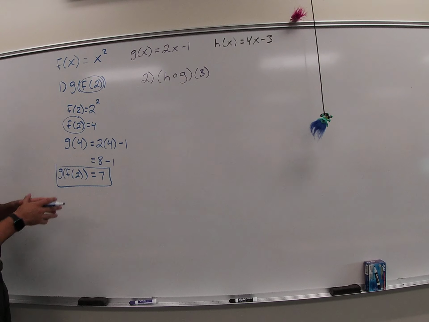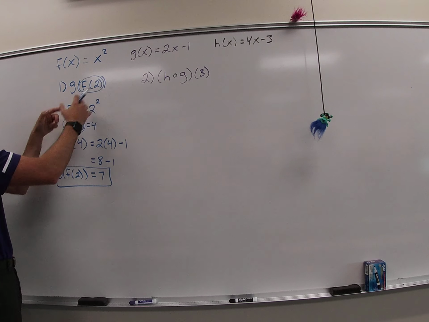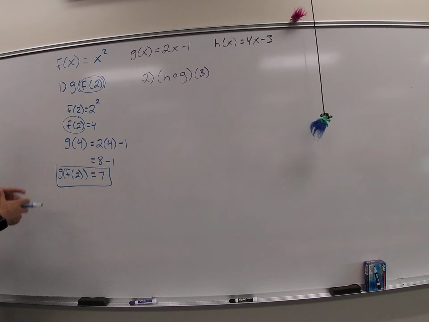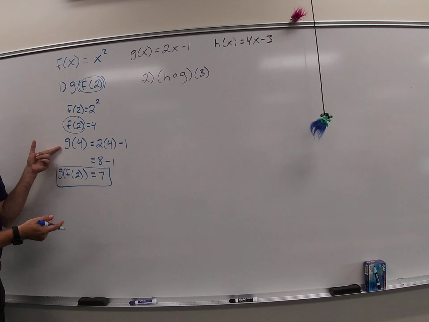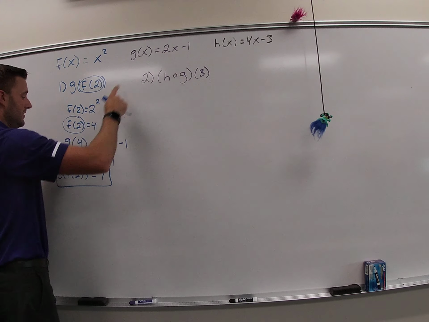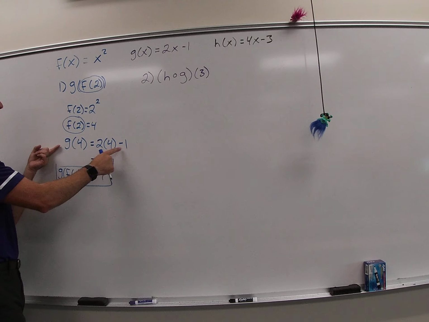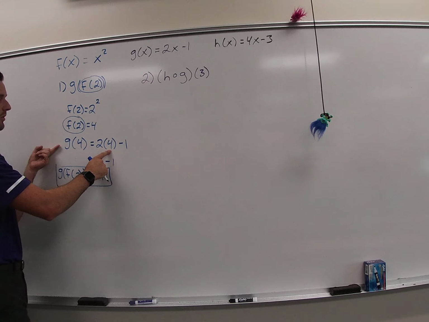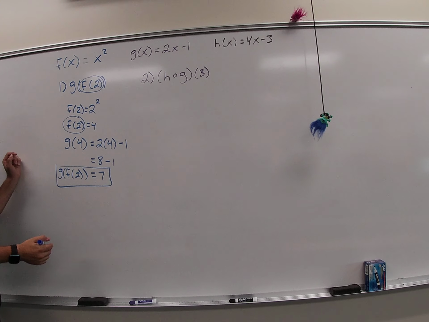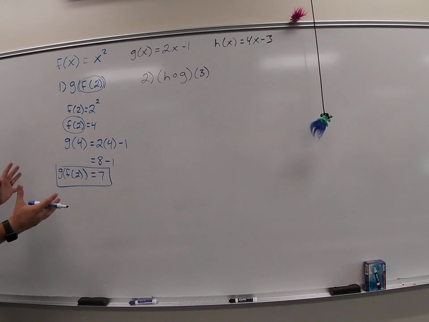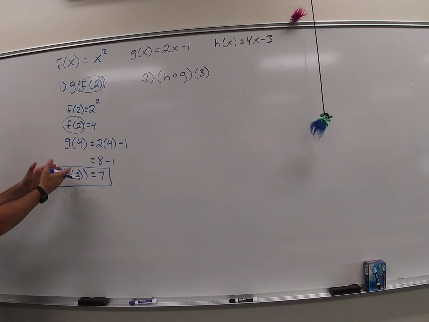From there, we find the outermost function, g of x. Being careful that I'm going to the correct function, I'm going to replace everywhere I have an x with a 4. So instead of 2x minus 1, it's 2 times 4 minus 1. After I take 8 minus 1, I got 7. So your whole function, g of f of 2, is equal to 7.